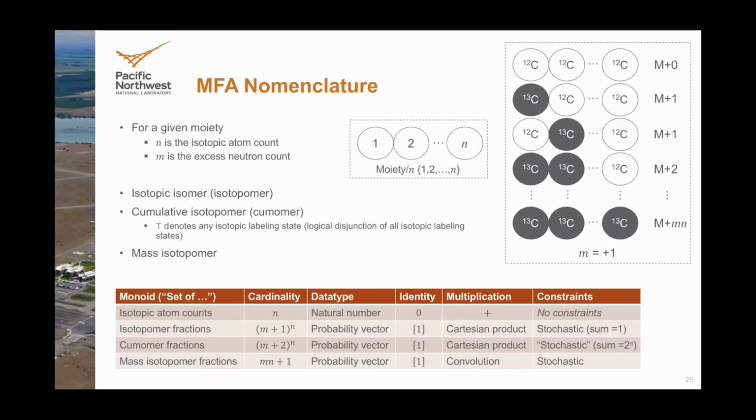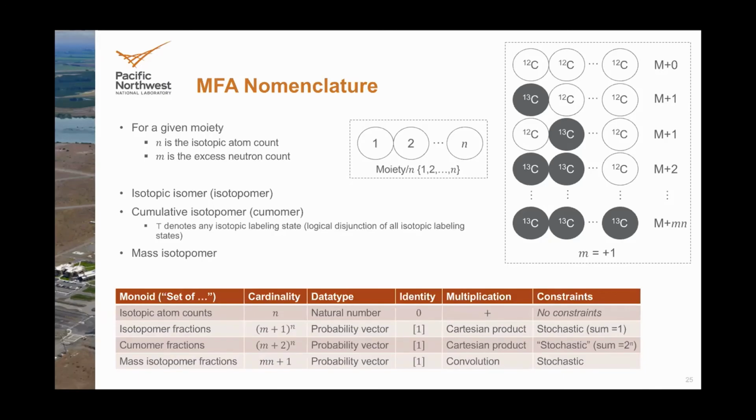You can see the first one is all carbon-12. The second one is carbon-13, followed by all carbon-12s. The third one is a carbon-12 atom, followed by carbon-13, followed by all carbon-12. And if we run all the way down the list, eventually we get to all carbon-13.